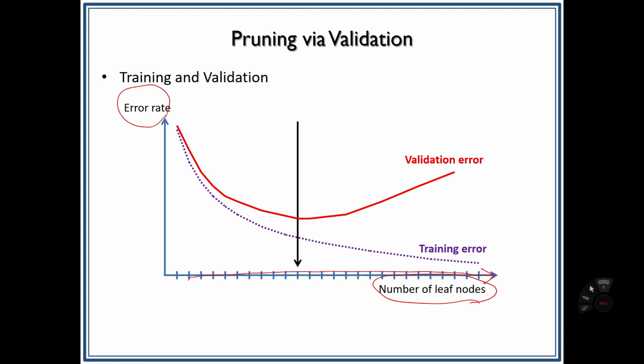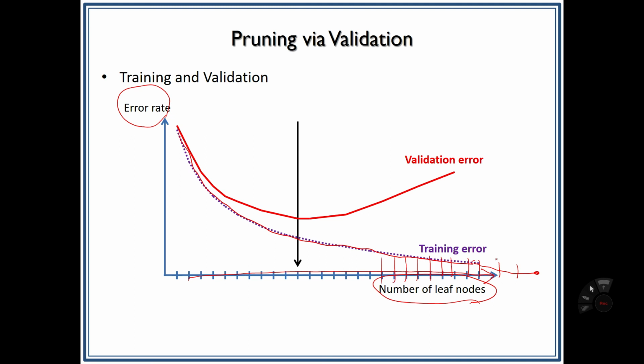As we grow a tree, the training error rate decreases. Isn't it obvious? And once we have the fully grown tree, the training error becomes 0, right? And then we prune the tree, which means that we decrease the number of leaf nodes by each of the prunings.